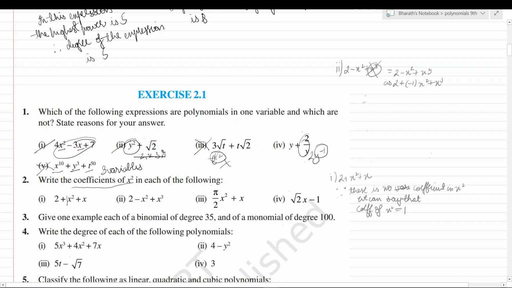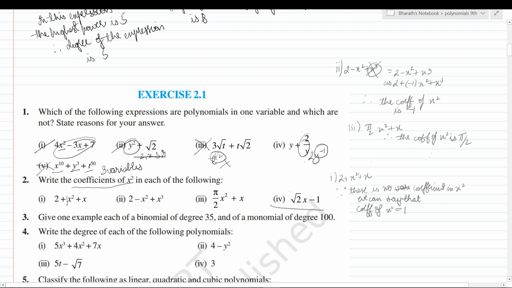So therefore the coefficient of x square is minus 1. Same for the third question. Pi by 2 x square plus x. Therefore the coefficient of x square is pi by 2.